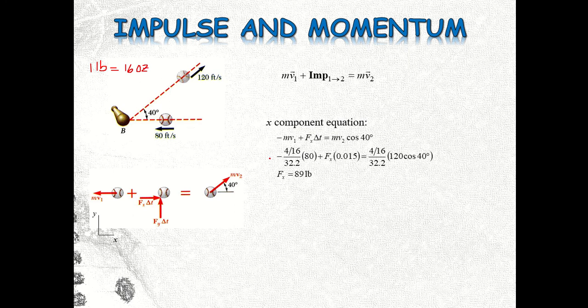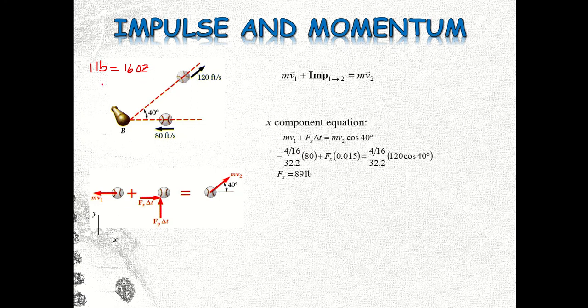We use this conversion because the mass here is in ounces, so we have to convert it into pounds, since the unit is in terms of feet per second and we have to combine that with pounds. That's why we have here 4 over 16.